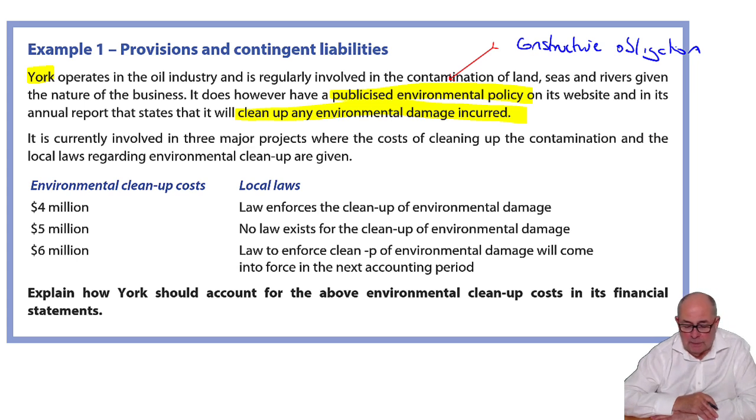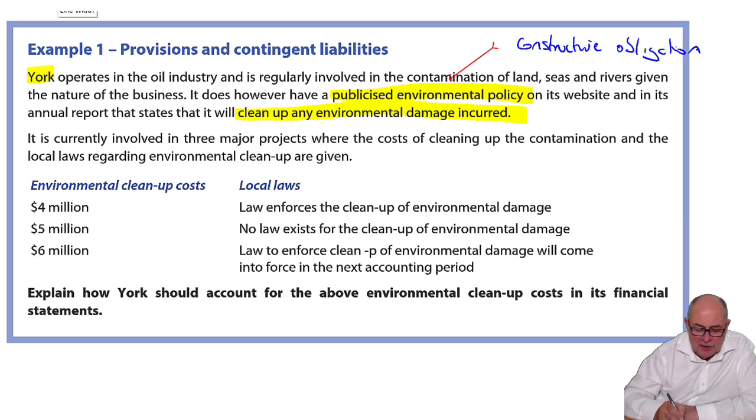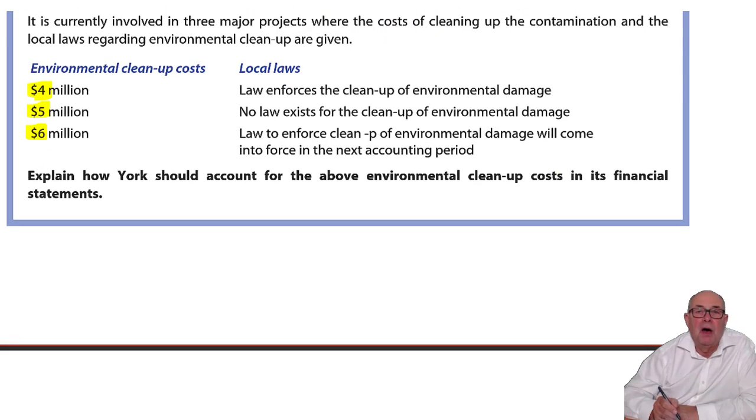practice of that shop. When you read through this, you saw that there were three amounts of damage that they've done, one costing 4, one costing 5, and one costing 6. It makes no difference what the law says, because I would say we always clean up damage. Therefore, I would recognise a provision for the total of 4, 5, and 6.